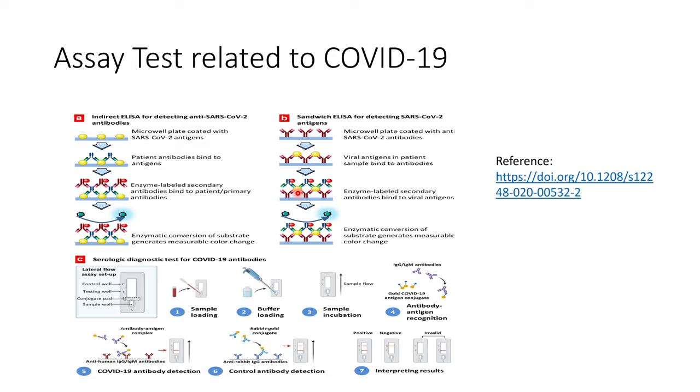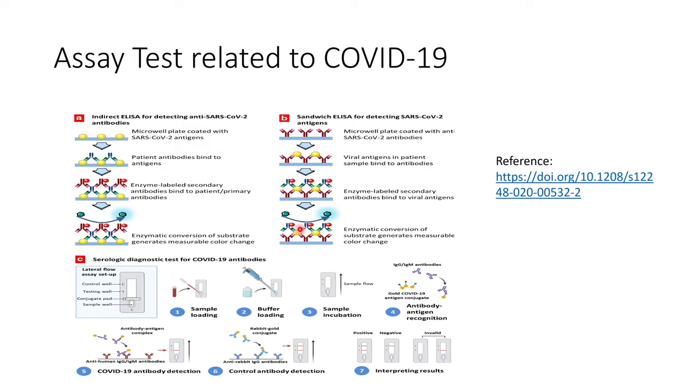After that, a secondary antibody, which also contains some fluorescence, will pass through the plate, and if the viral load contains SARS-CoV-2 antigen, then only the secondary antibody will be able to bind to this antigen.